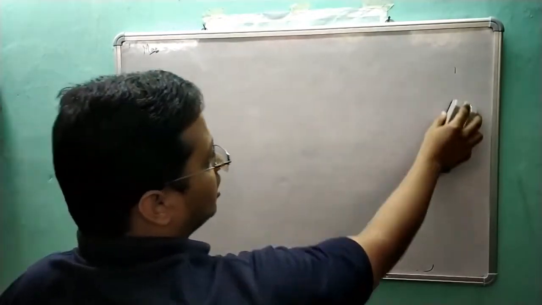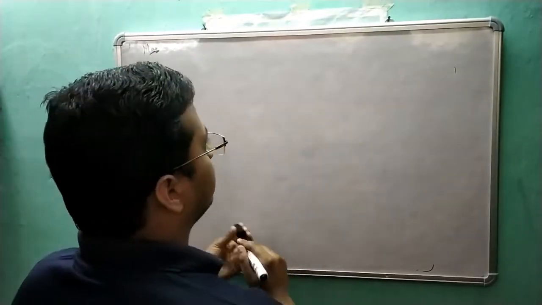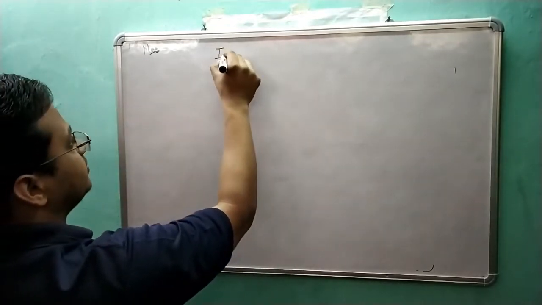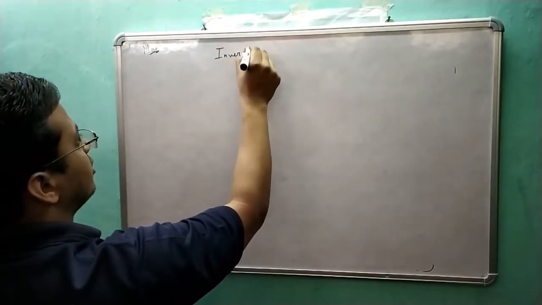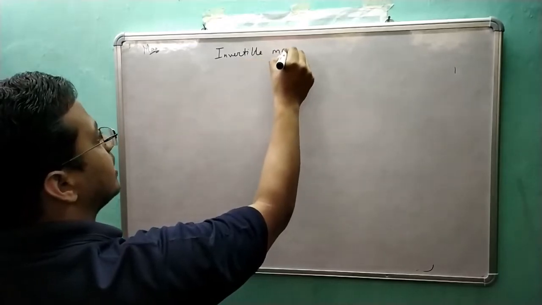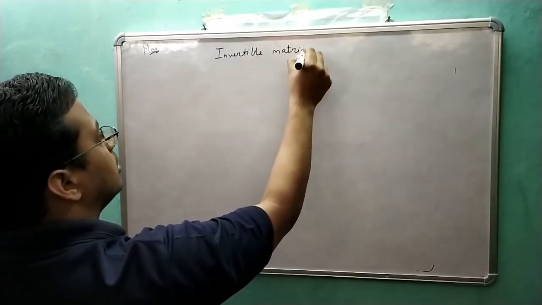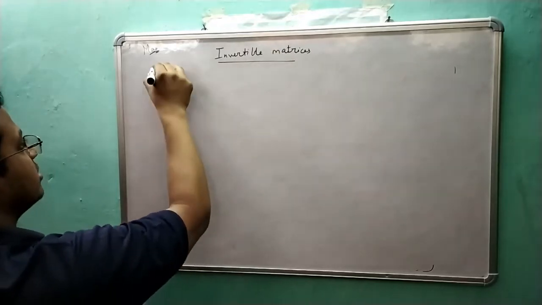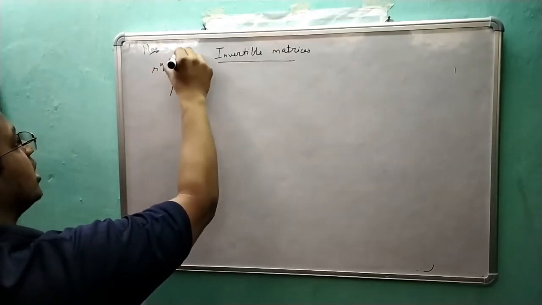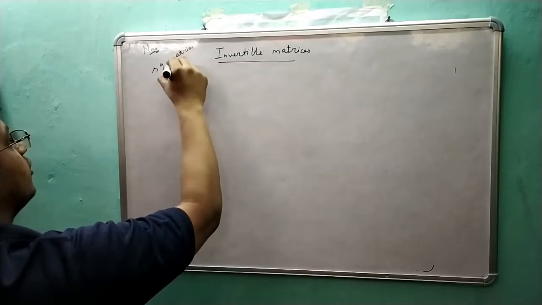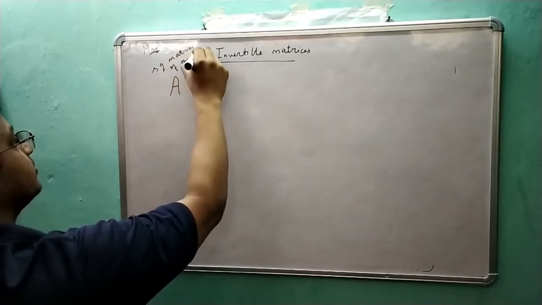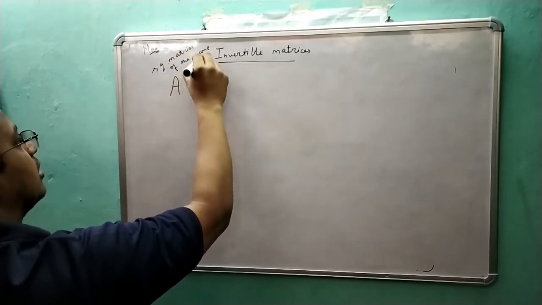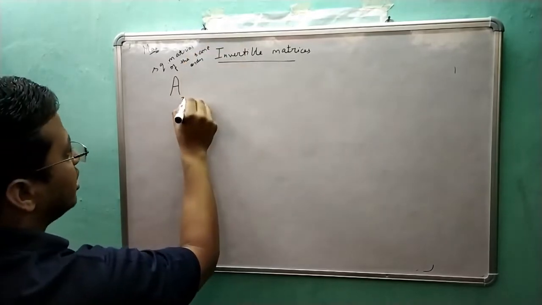Now proceeding to the next topic, we have invertible matrices. Suppose we have two square matrices of same order. Let us take, for example, 3 cross 3.